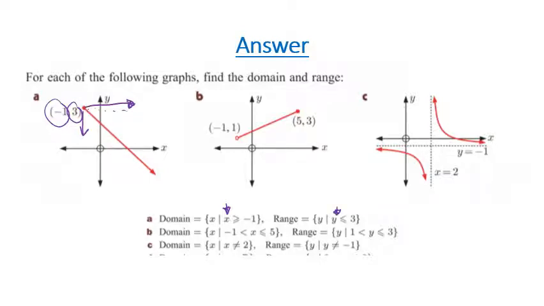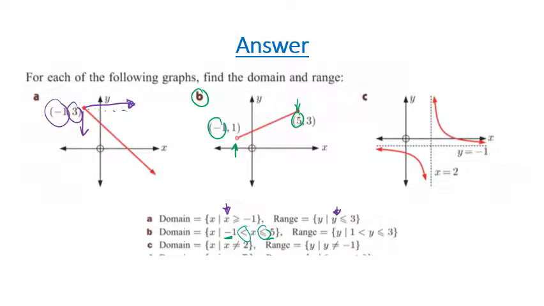In our second example, we have a domain where x is in between -1 and 5. That's where we get the -1 and 5, because they're our x values. It's not equal to -1 because this is a hollow dot, but it could be equal to 5, hence why x is greater than -1 and less than or equal to 5.